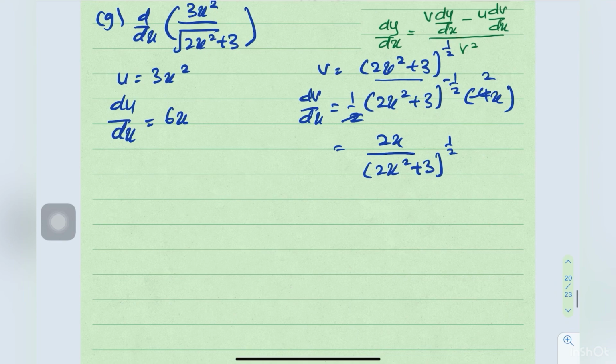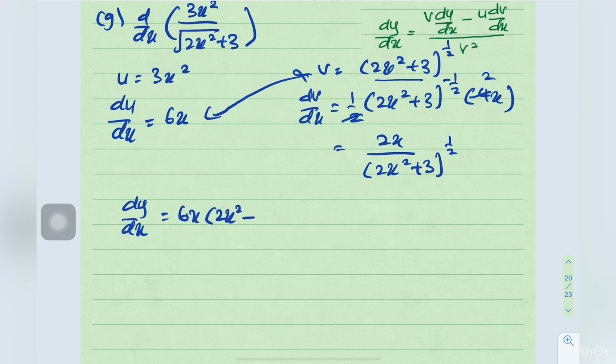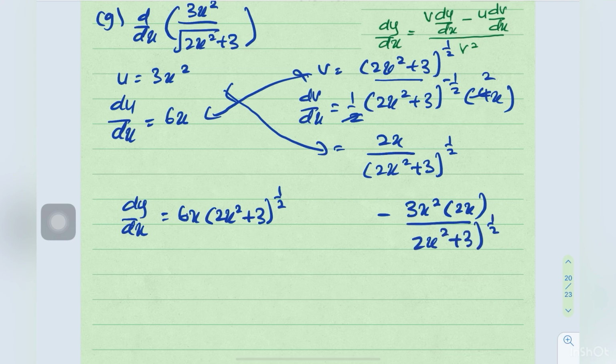Okay, so dy/dx is v du/dx, 6x times (2x squared plus 3) to the power of 1/2, minus u dv/dx, so minus 3x squared times 2x over (2x squared plus 3) to the power of 1/2, divided by v squared.